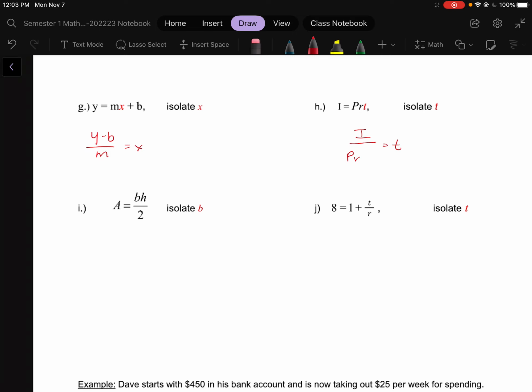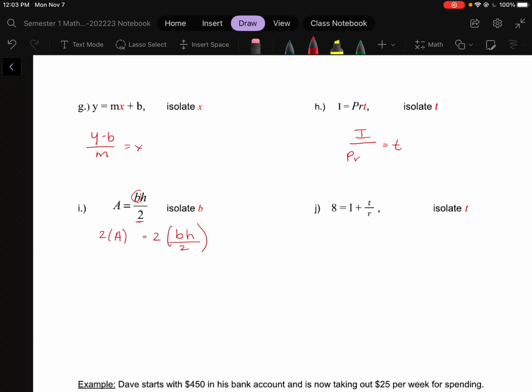Now for I. This says isolate B, so B is on top. Therefore, we have to get rid of this 2 first here. What we have to do is multiply both sides by 2 because it's division here. So both sides, we're going to have 2 times A, and then our bracket here, that was our BH over 2.